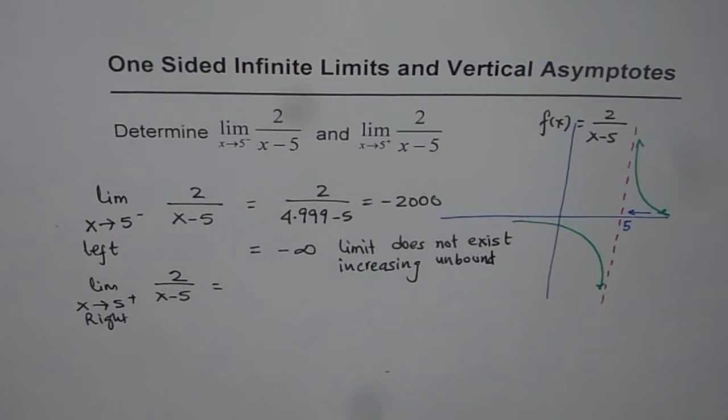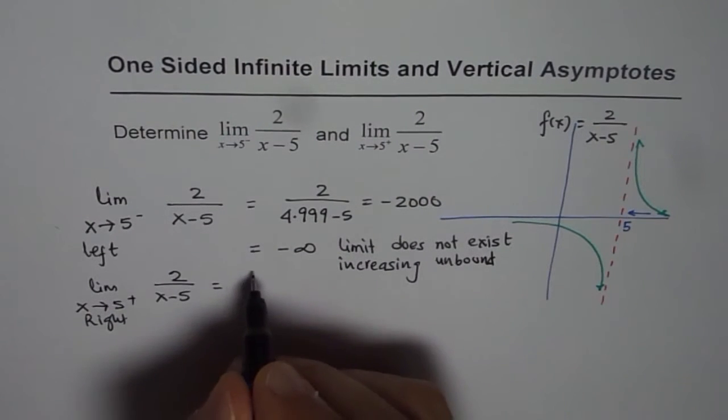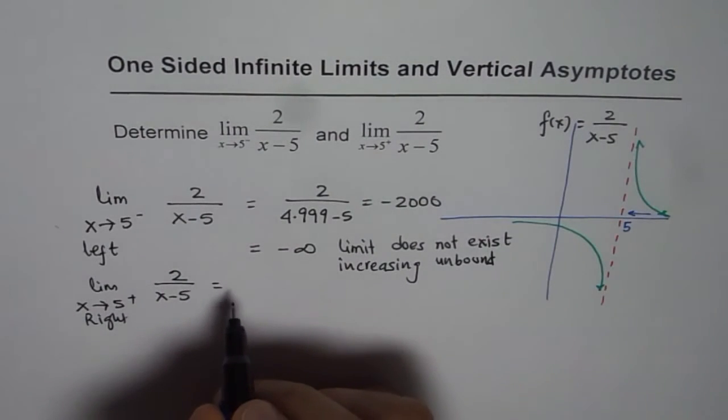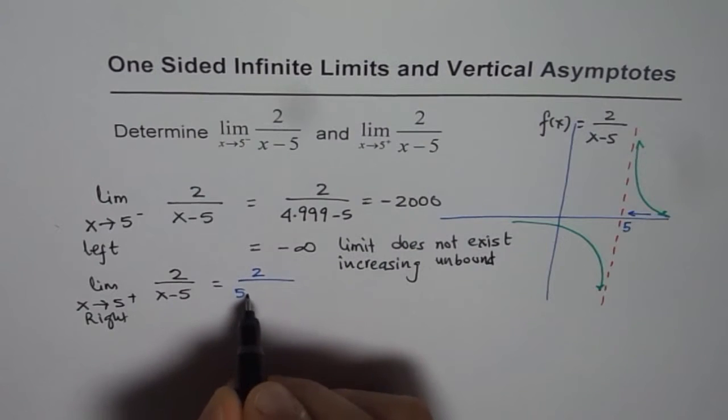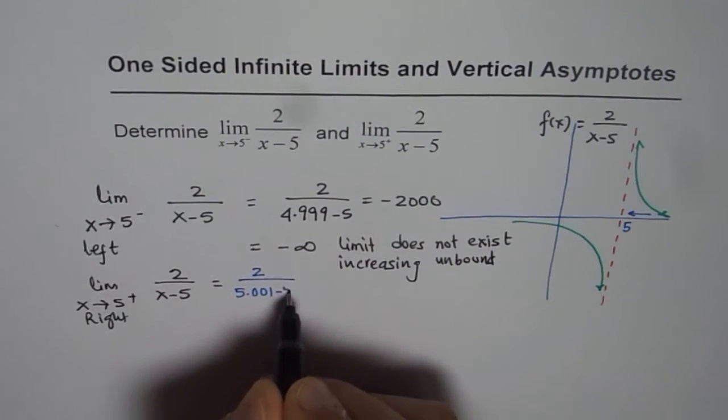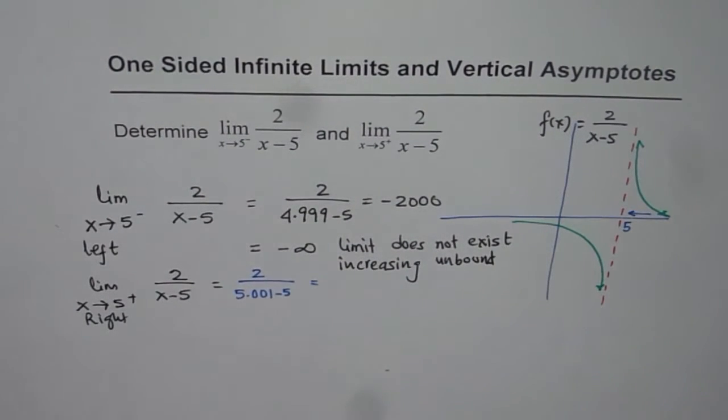So this time we'll place x equals 5.001, which is very close to 5. So we have 2 divided by, within brackets, 5.001 minus 5, bracket close, equals 2000.